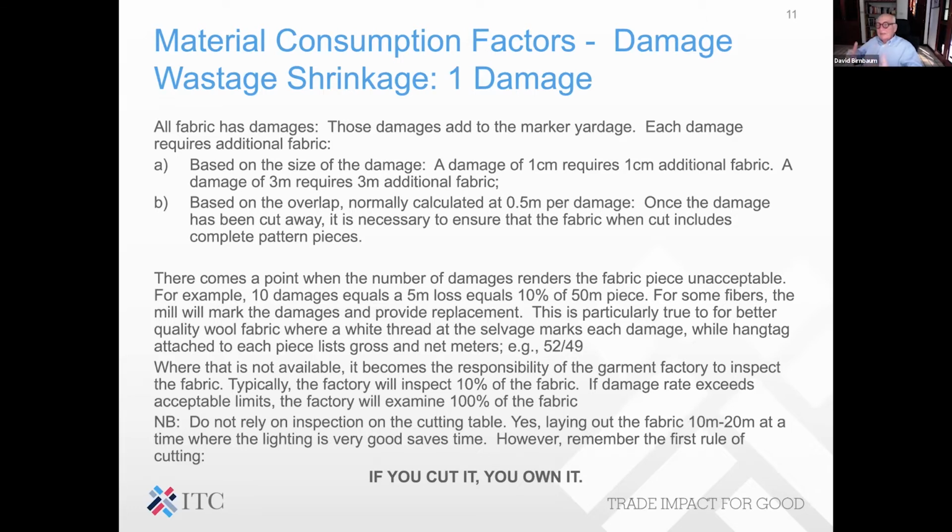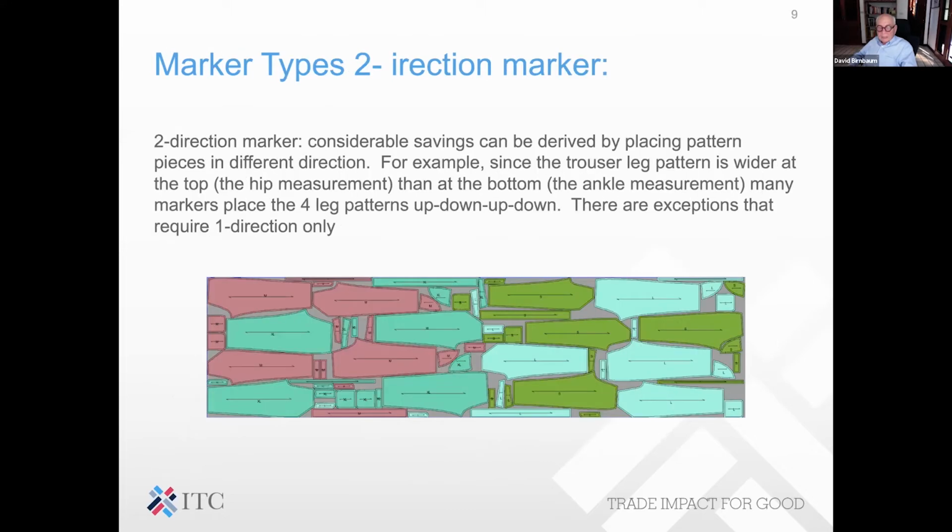Okay, you have fabric, you're laying out the fabric on the table, and at a certain point you see a damage. Okay? You have to cut away the damage. But you have to do more than cut away the damage. You go back to a marker, and you see that the pieces are interlocked. The pieces are locked together. If you hit a place on the leg of the pattern piece, you have to have an overlap.